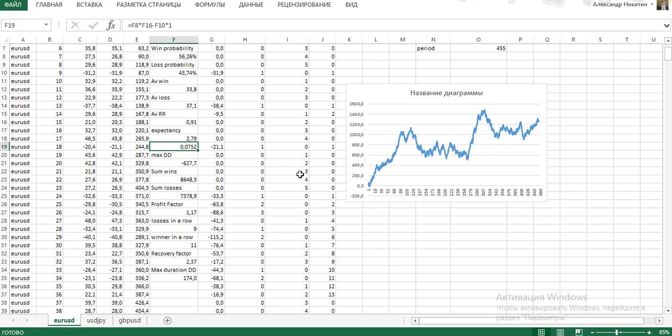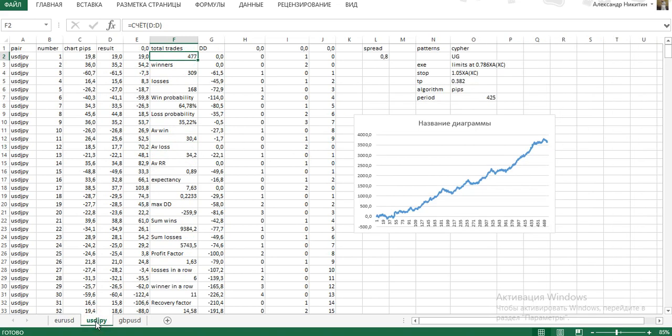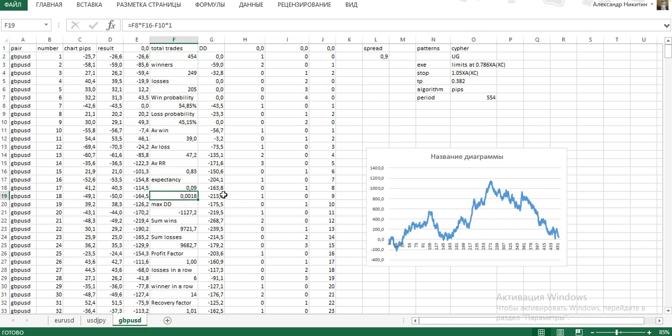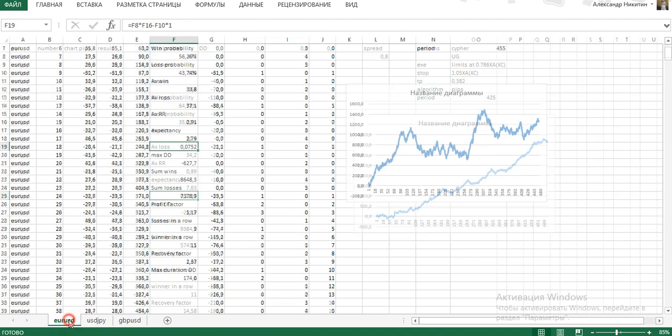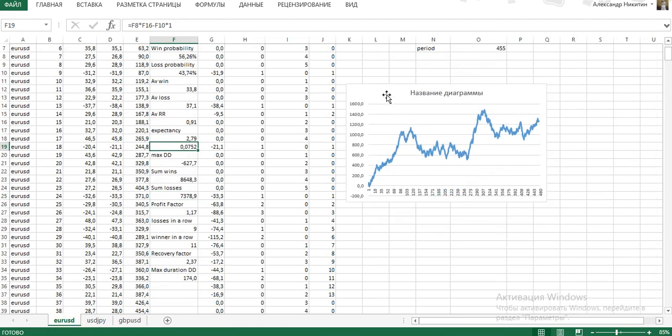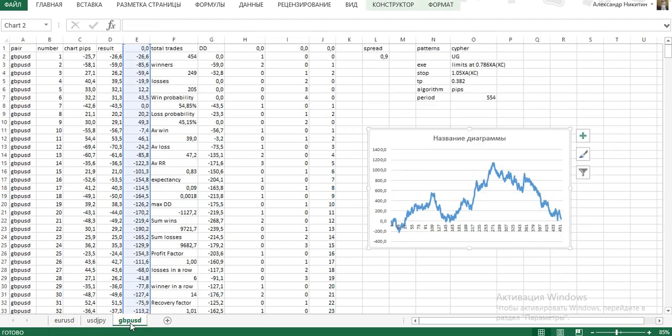The expectancy is 0.07 on Dollar Yen, the expectancy is 0.22, and on Pound Dollar it is 0.0 something. So you can judge it looking at the charts. One of them is amazing, others are more or less, and Pound Dollar is awful. So it is not stable at all.